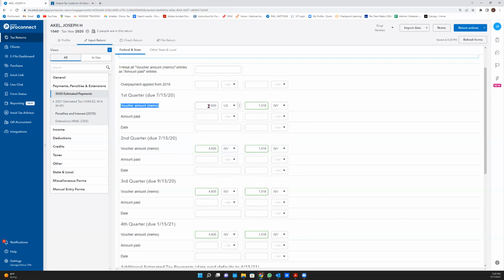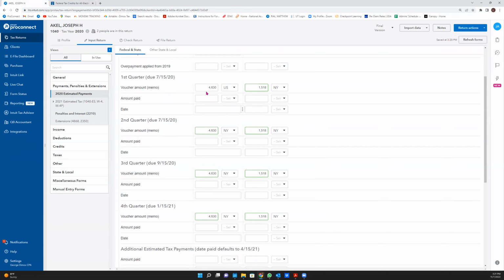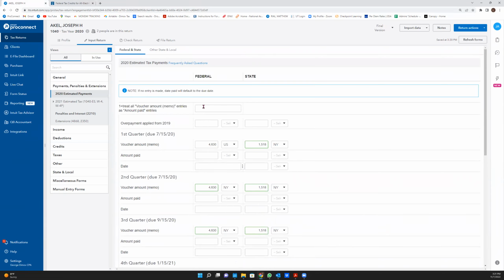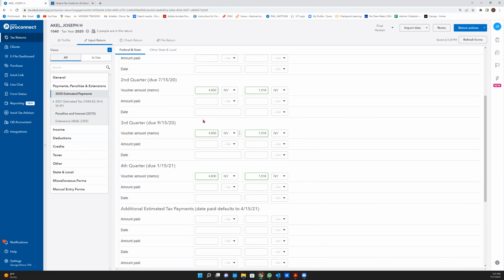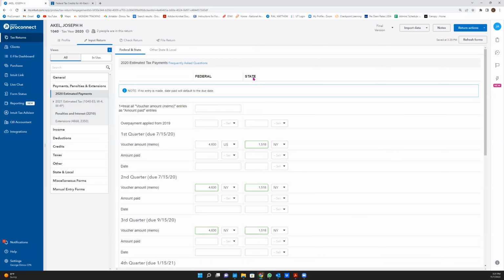So if you see the memo, you would always ask a client, hey, by the way, Joseph, have you made the estimated tax payments that we have proposed? In this scenario, for federal, this is going to be the federal column, these amounts. For the state column, it's going to be different ones.